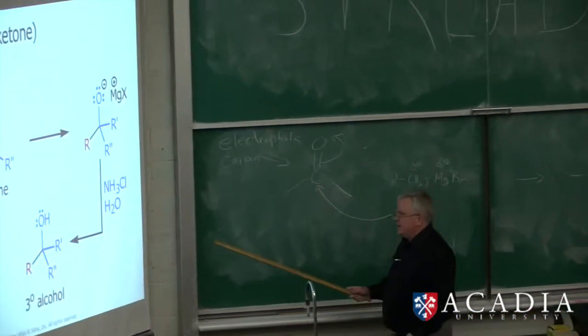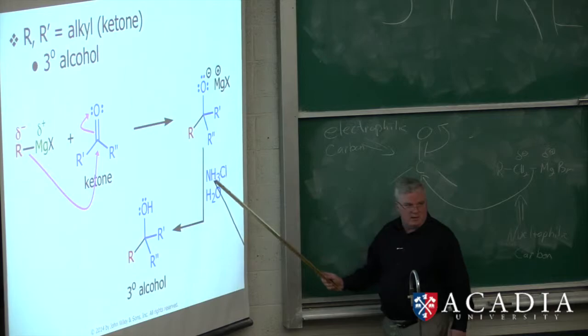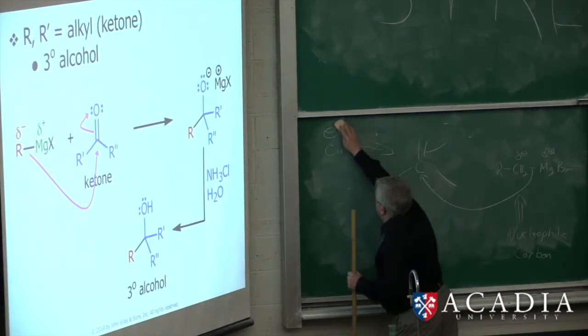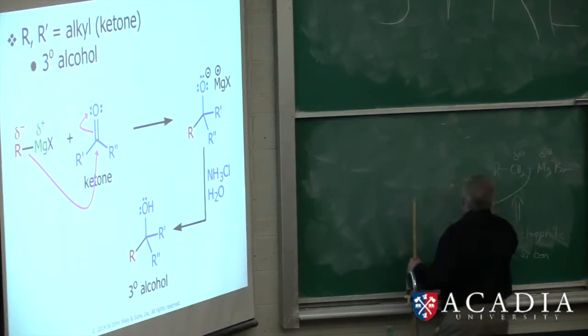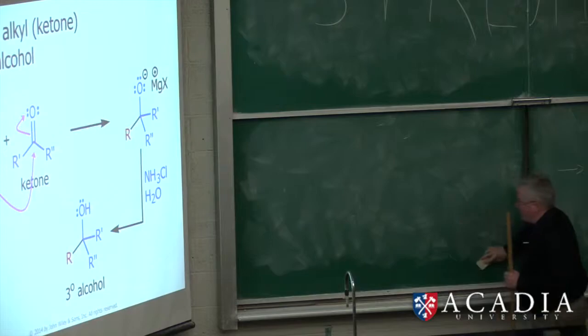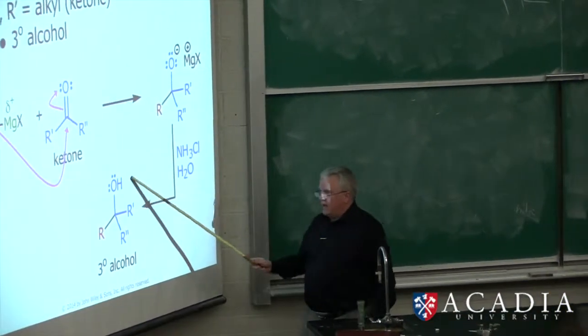Now you'll notice this is wrong, by the way. This should be NH4Cl. When we react a Grignard reagent with a ketone, we get a tertiary alcohol.